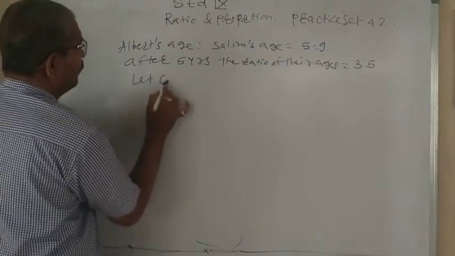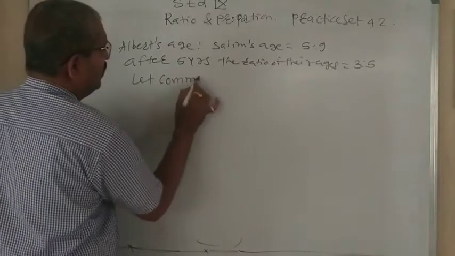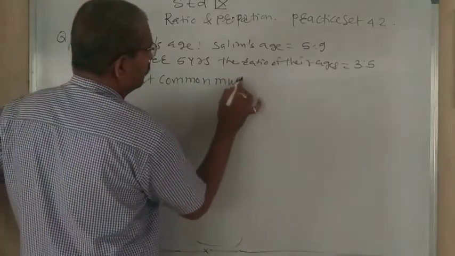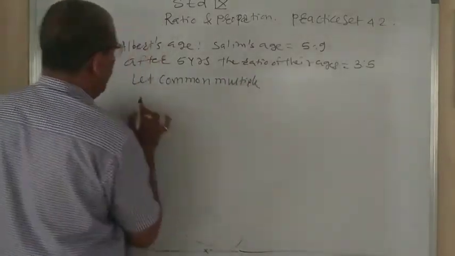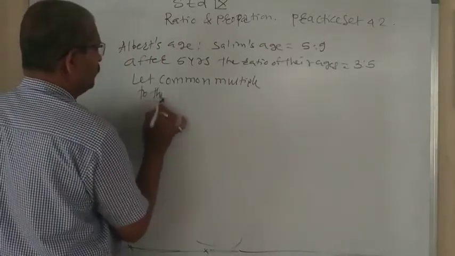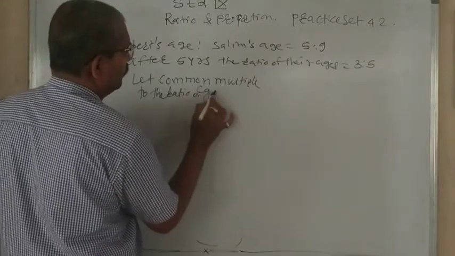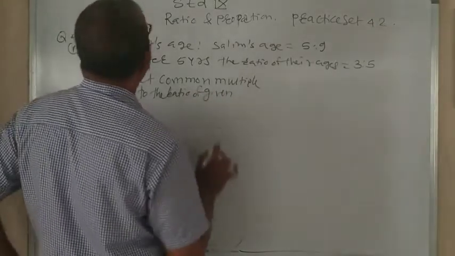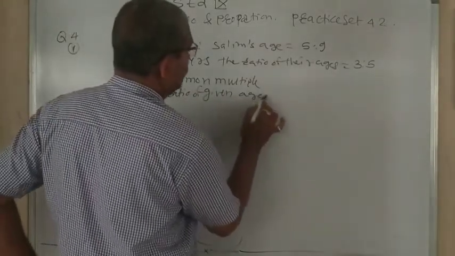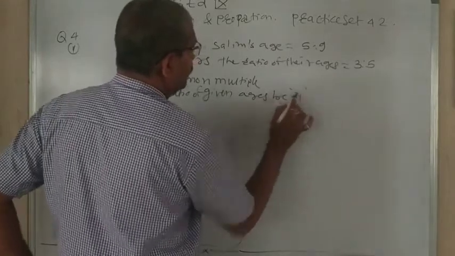Let the common multiple to the ratio of given ages be x.